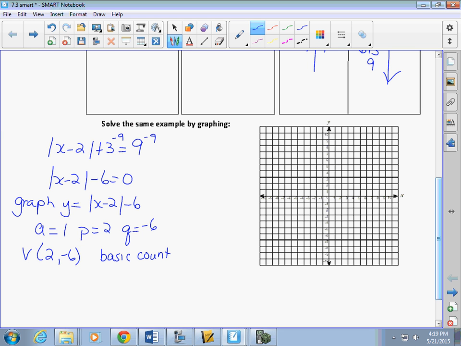Once I graph that, I find where my x-intercepts are. So where does the graph cross the x-axis? The vertex is at 2, negative 6, which puts me right there, and then I do my over 1 up 1, over 2 up 2, over 3 up 3. Oops, I missed that one.